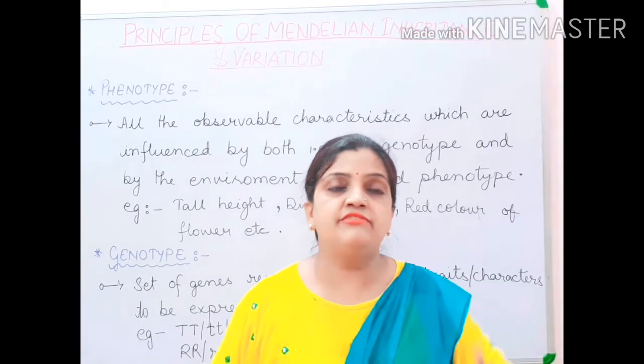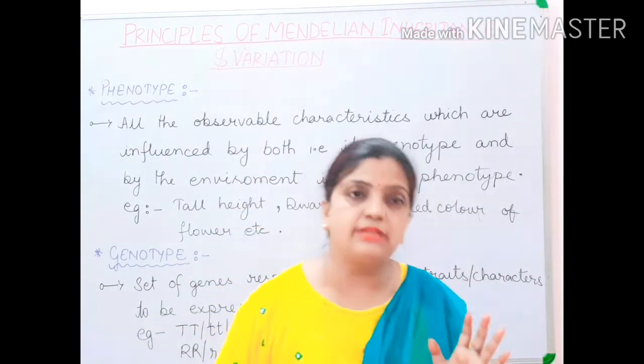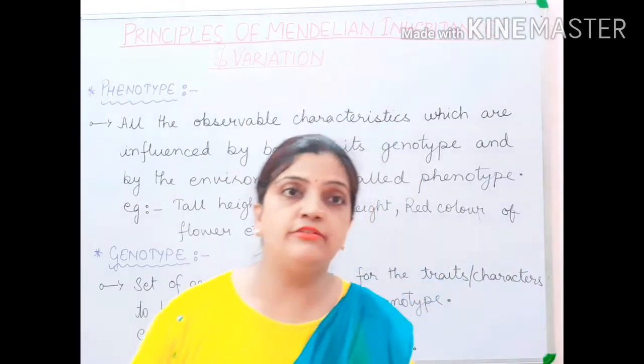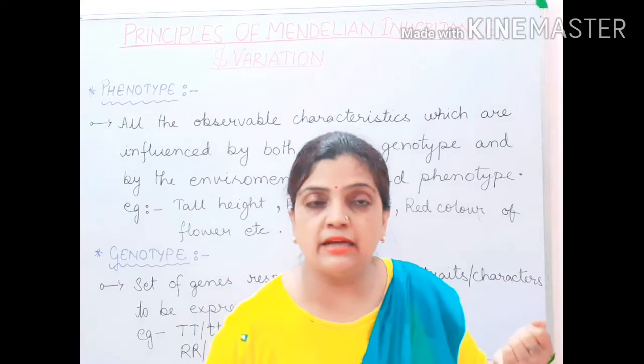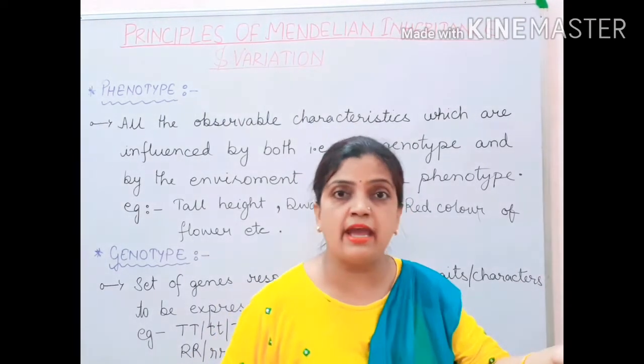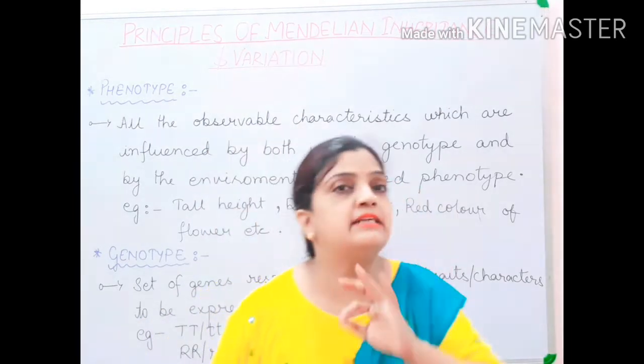Anywhere standing we can say that this person is tall, this person is short. That is a red color flower, that is a white color flower. The hair color is black. That individual has curly hair. So these are the characteristics.